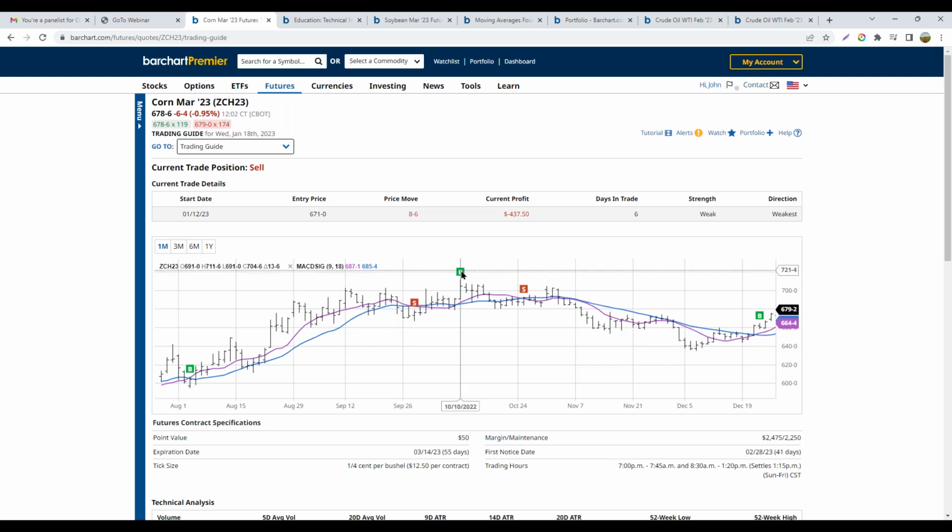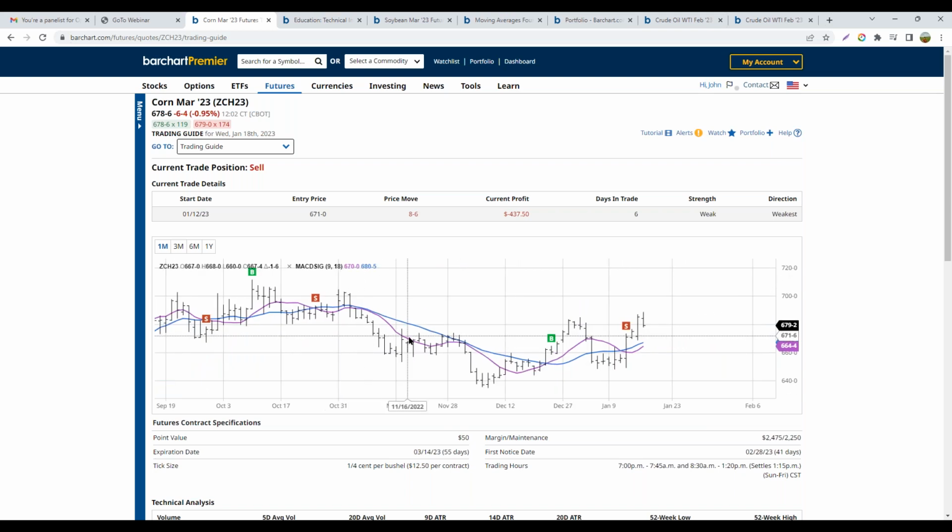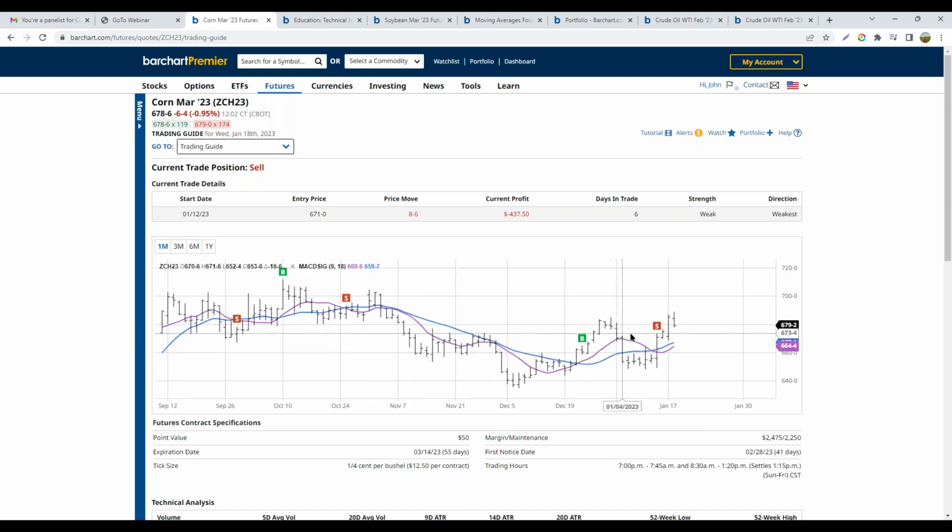A buy signal is the exit of a previous sell signal, but also an entry to go long. So the current signal was a sell signal, which was an exit from the previous long position, but also an entry to be short. Now, this is called a stop and reverse system.